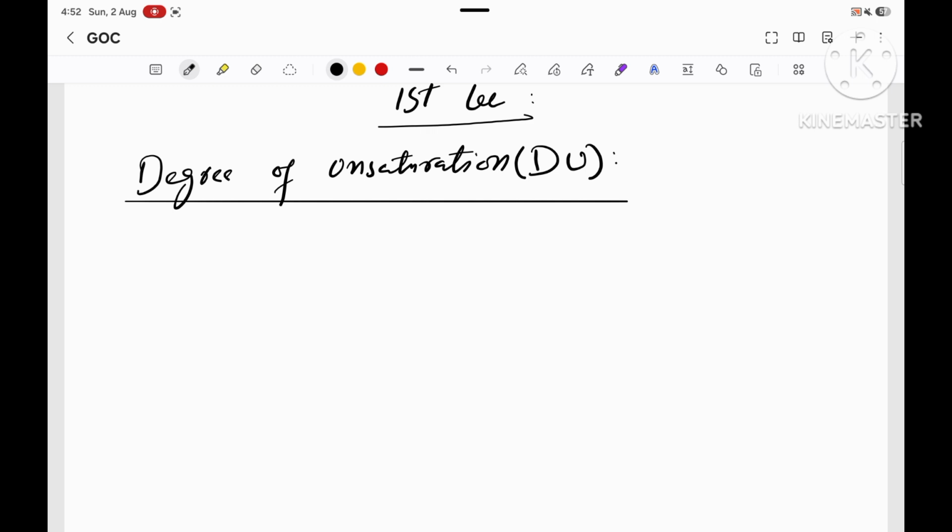It is the number of molecules of hydrogen required to convert a given compound completely to an acyclic saturated hydrocarbon.